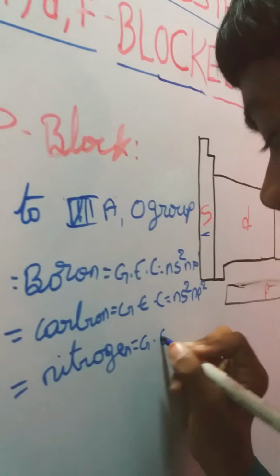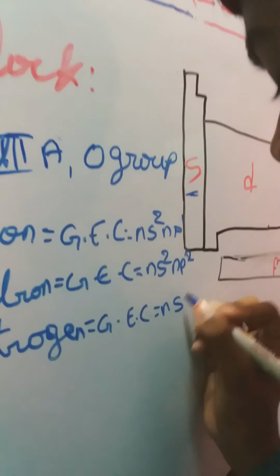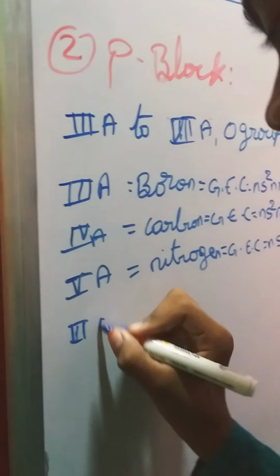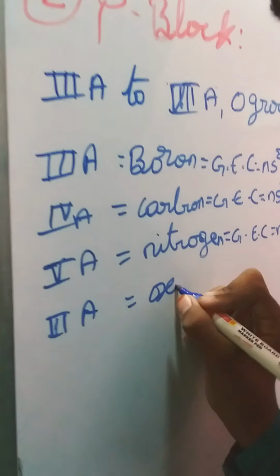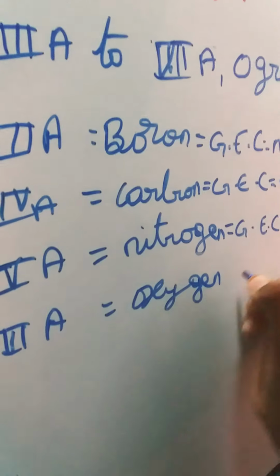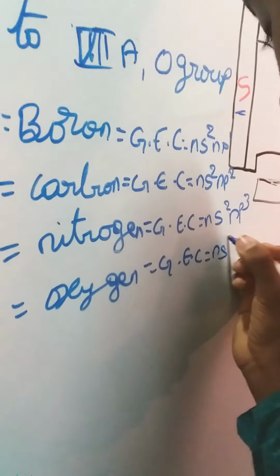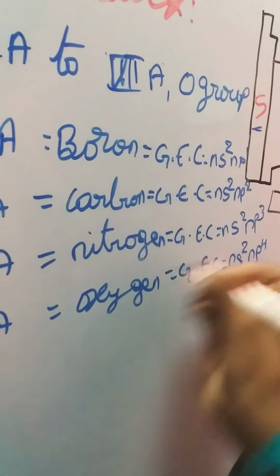General electronic configuration ns2 np3. 6A group, oxygen family. General electronic configuration is ns2 np4.